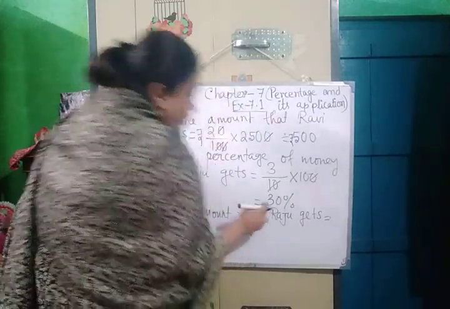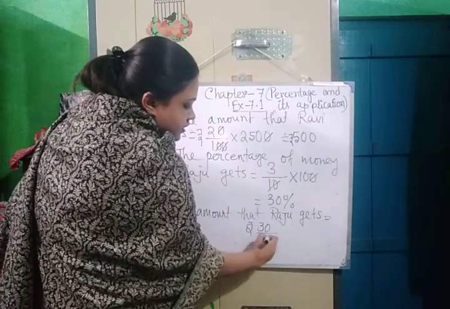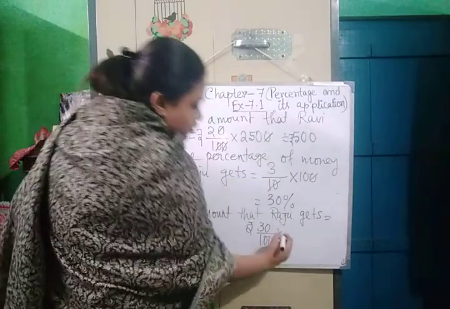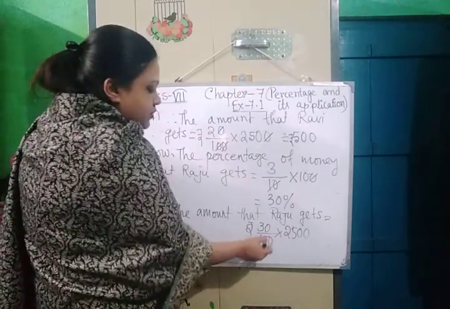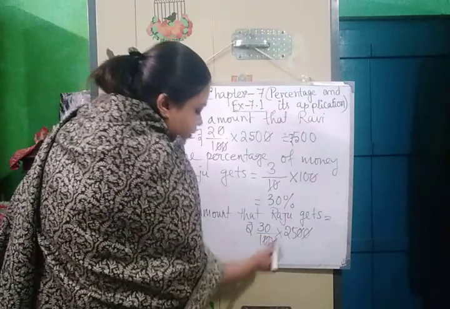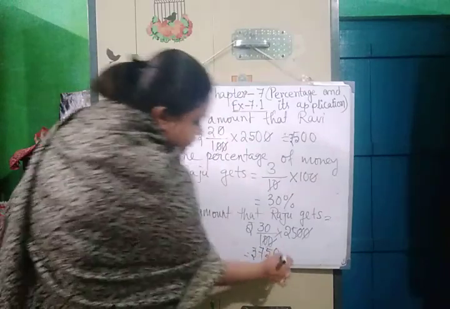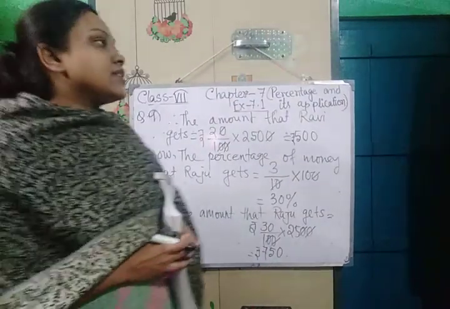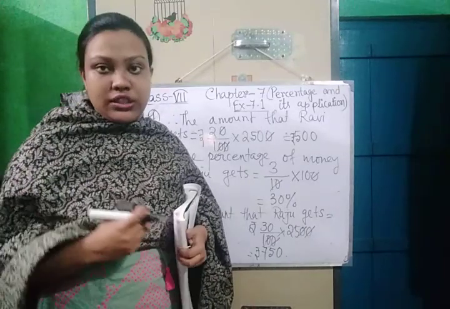Rupees. 30% means 30 by 100 into total 2500. That is not written here, I have erased. So we will do the cancellation. 25 into 3 is 75, 25 into 30 is 750. So Raju gets rupees 750, that is 30% of the total amount.